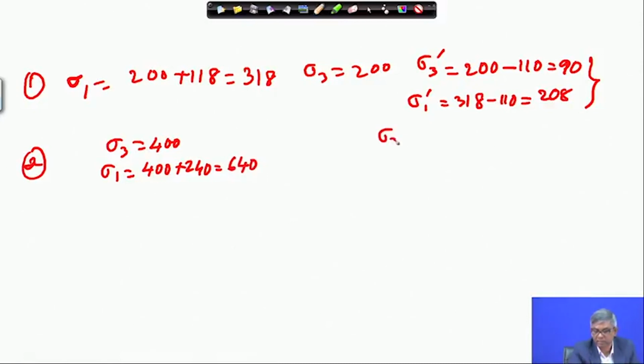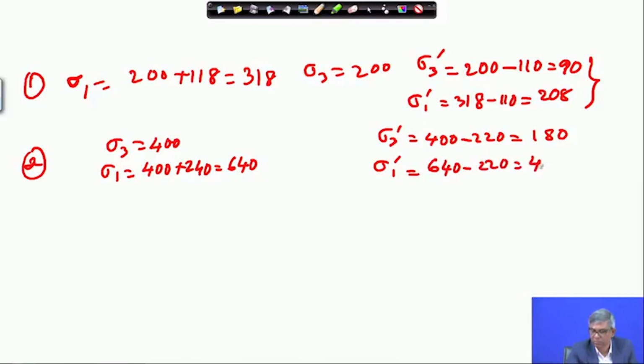Then sigma 3 dash will be equal to 400 minus 220, that is equal to 180, and sigma 1 dash will be equal to 640 minus 220, that is 420. So, this is another data set we are getting.